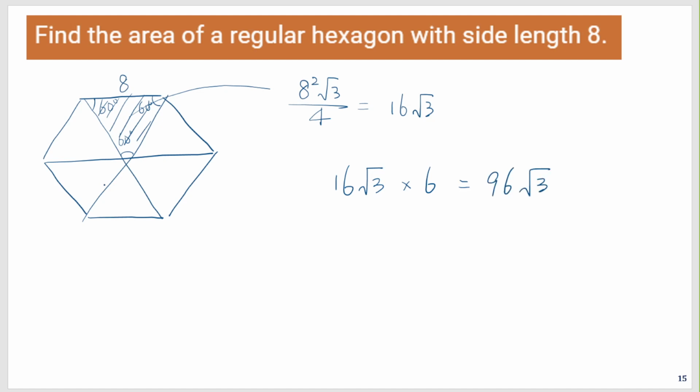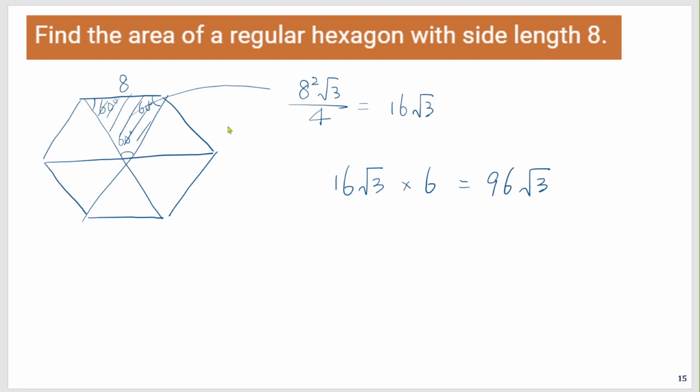You get it? And this example tells that many problems involving regular hexagons can be tackled by dissecting the hexagons into equilateral triangles. Any questions?